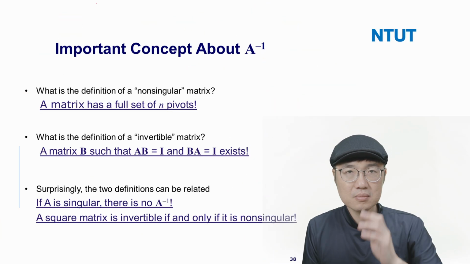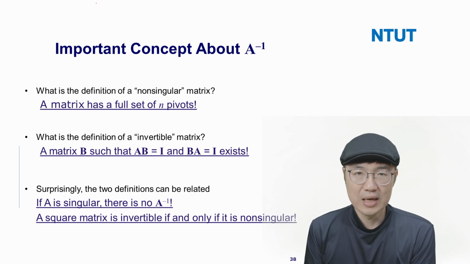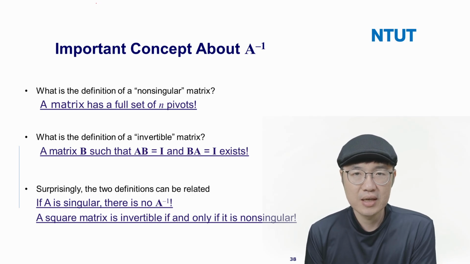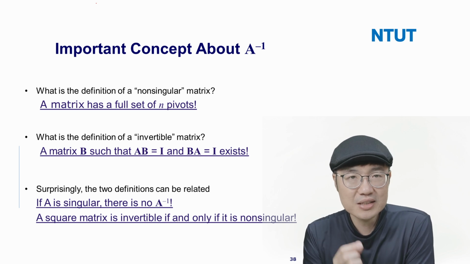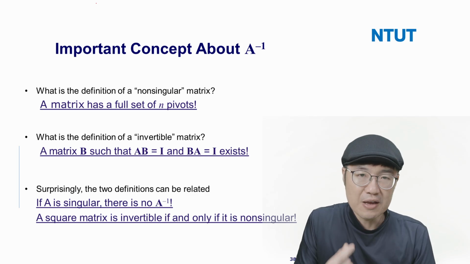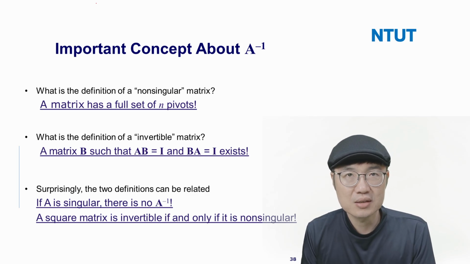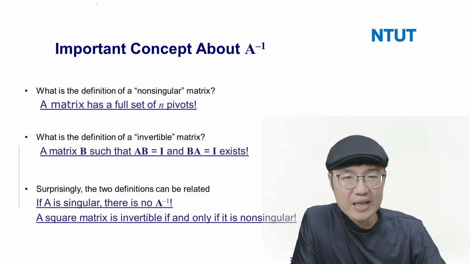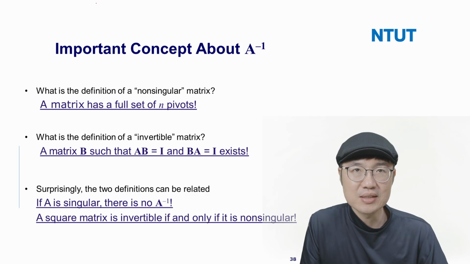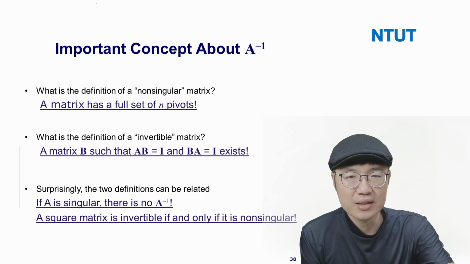So we can connect the two conditions together. If a matrix is non-singular, there must be an inverse. In contrast, if a matrix is singular, you can never find an inverse. Inverse and singular are just like two sides of each other. We can connect them together.